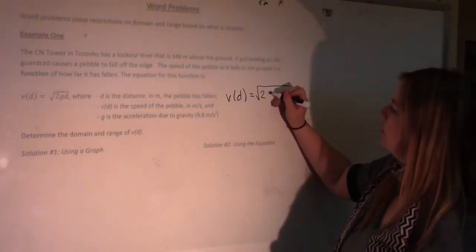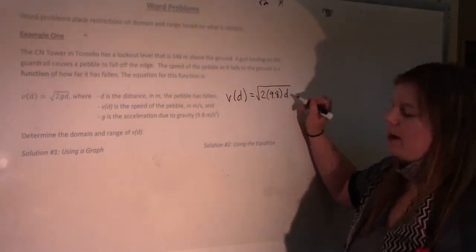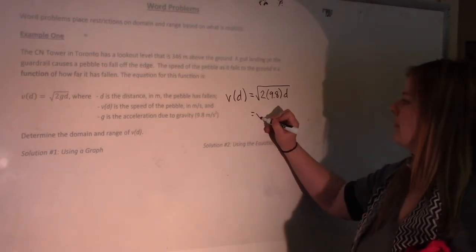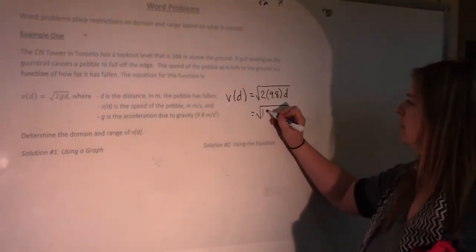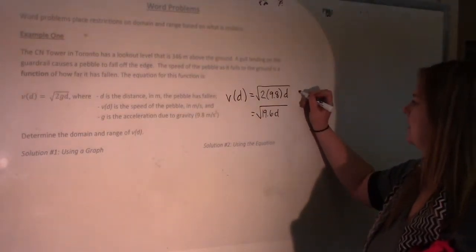So it would be 2, and then the 9.8, and then whatever your distance is, d. So this can be simplified to the square root of 19.6d.